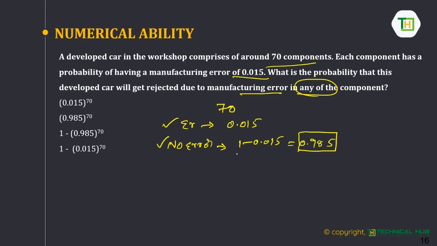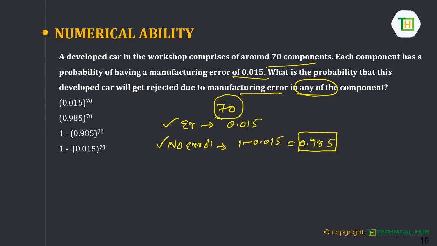Now what I will do is, in total we are having 70 components. He is asking us to calculate the probability that the car will be rejected because of manufacturing error. Here I will take the opposite statement of this one, that is, the car will not be rejected.